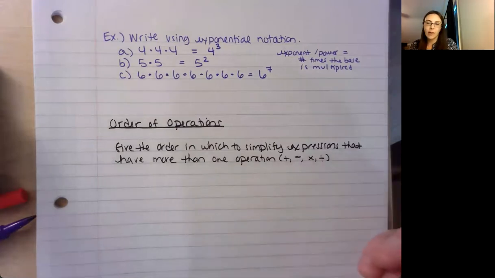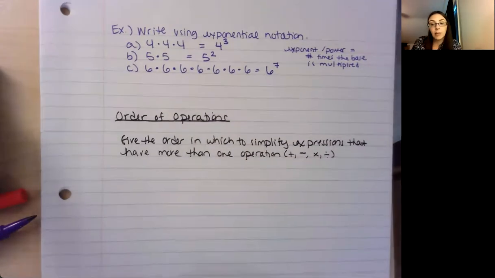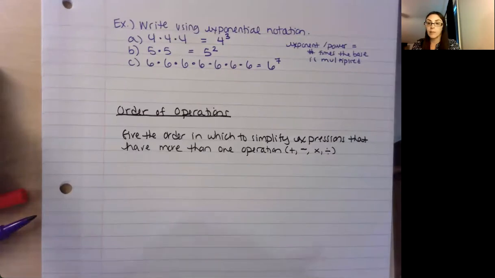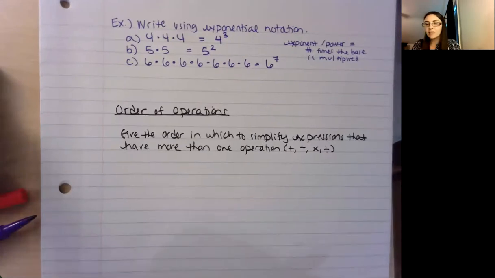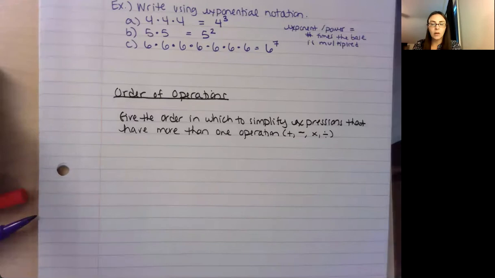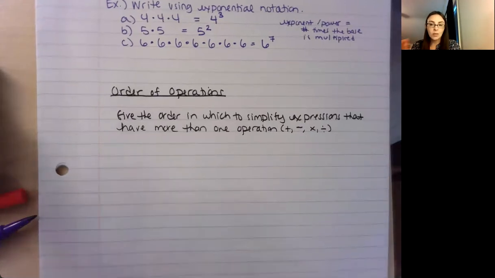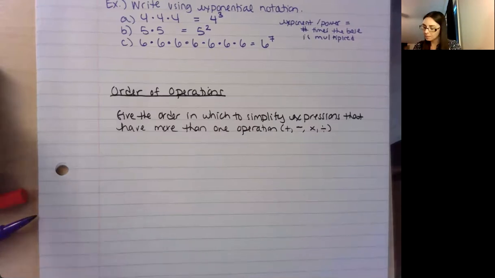So how do you simplify a problem if it has both adding and multiplying, or both subtracting and dividing, or maybe all 4? We have to have a systematic way to do that so that we can all agree on the same process or the same answer, right? We don't want to have 2 different answers if someone does it one way and someone else does it a different way. So we have an agreed upon step-by-step method to do that.